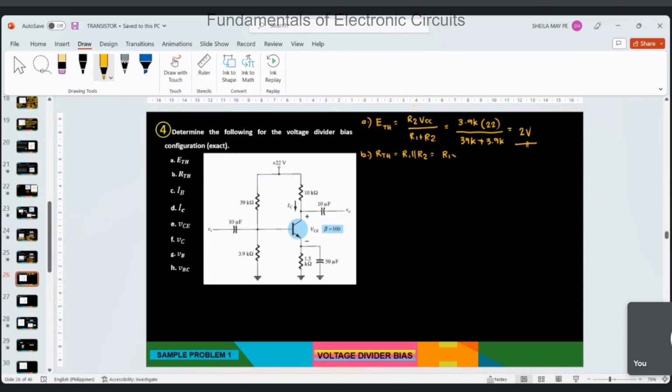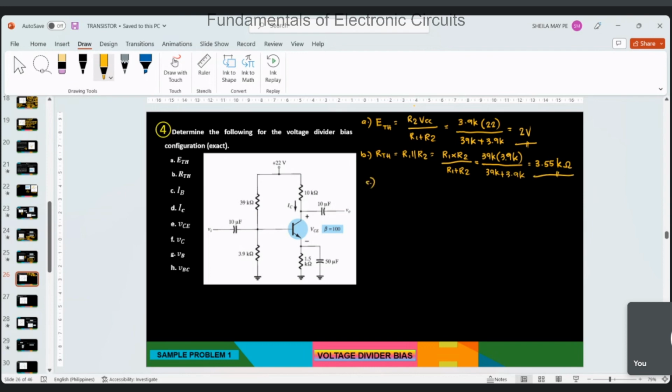So that is R1 times R2 divided by R1 plus R2. Now R1 is 39K multiplied by 3.9K divided by 39K plus 3.9K. Now this is 3.55 kilo ohms. So that's our RTH.